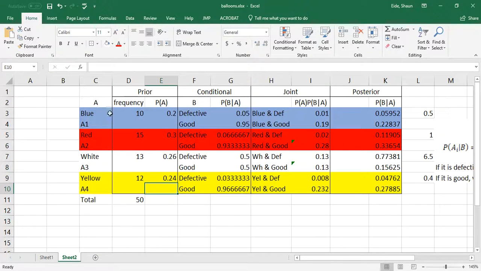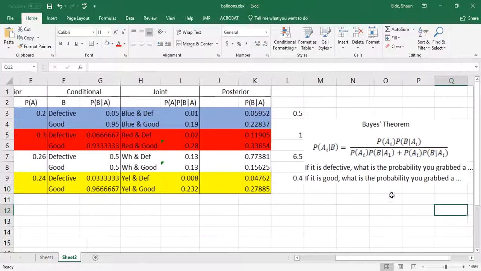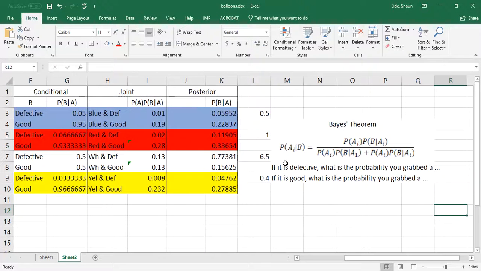But then this would be B1, B2. The reason it's i is because you might want to ask what is the probability of A sub 4 given B sub 1, or what is the probability of A sub 3 given B sub 1?